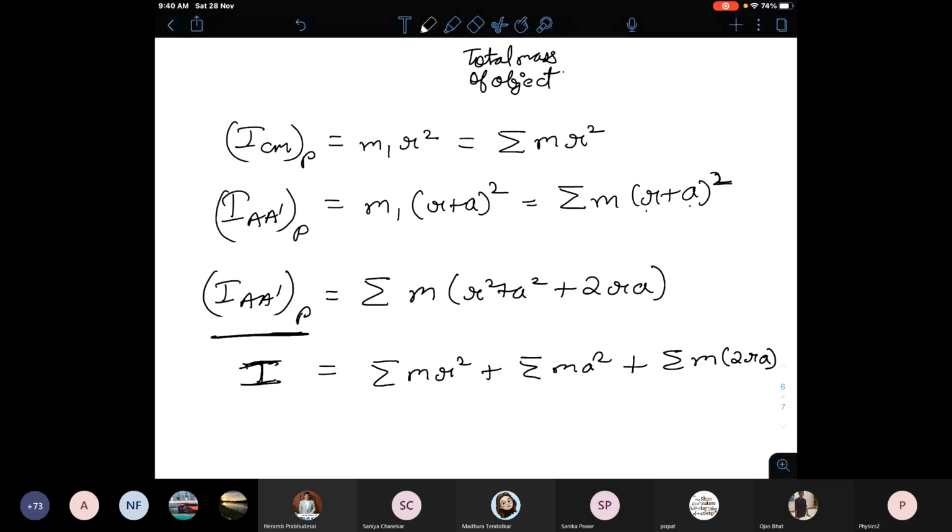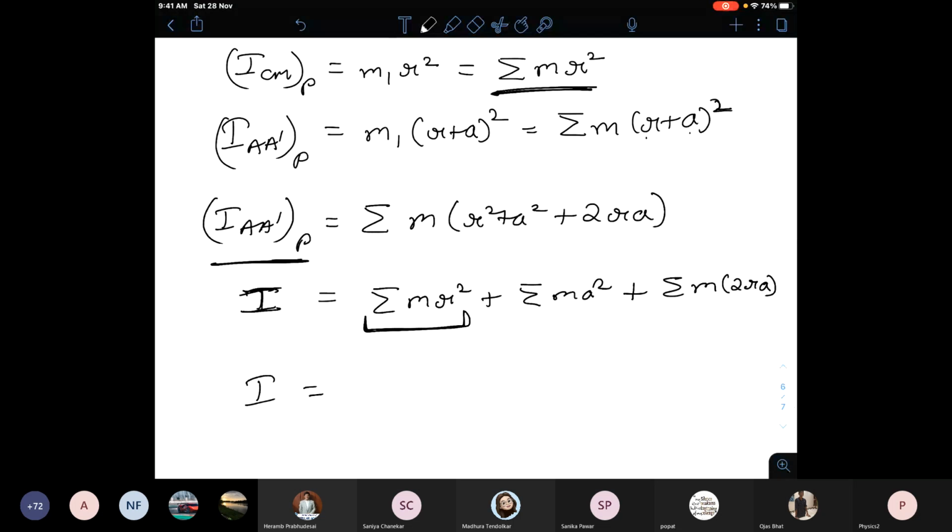This summation mr square is basically your ICM. So I is equal to ICM plus summation ma square. Since a is constant, summation of ma square will become capital M a square.